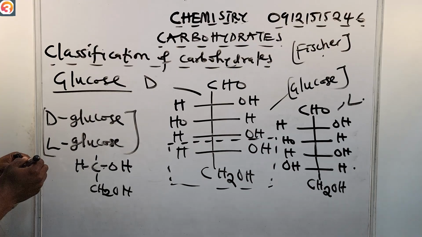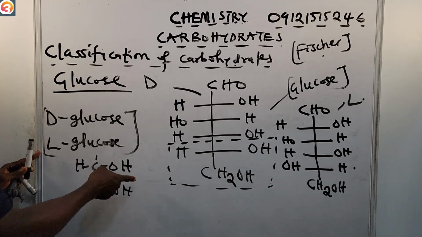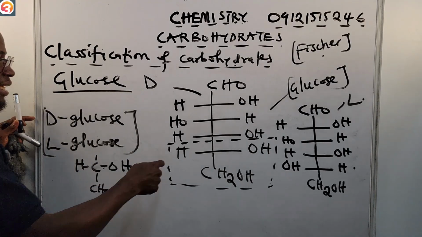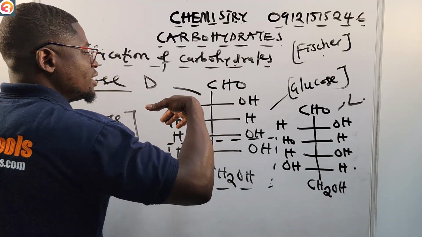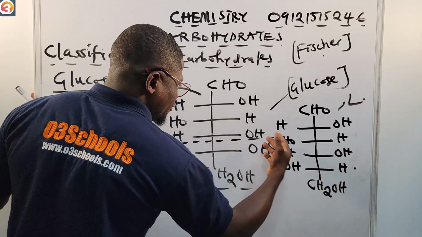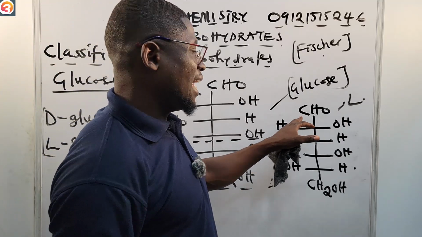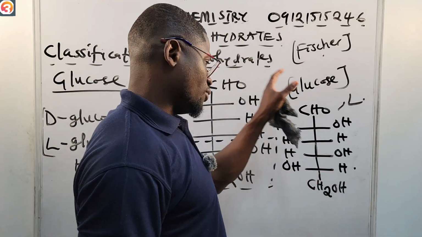It's a chiral carbon because this carbon is directly bonded to four different groups of atoms. So for the chiral carbon far away from the aldehyde functional group, the hydroxyl group is on the right for the D-glucose, while for the L-glucose it is on the left.